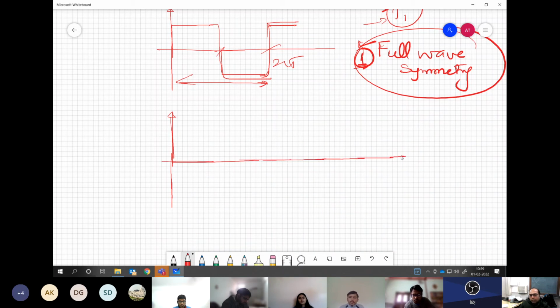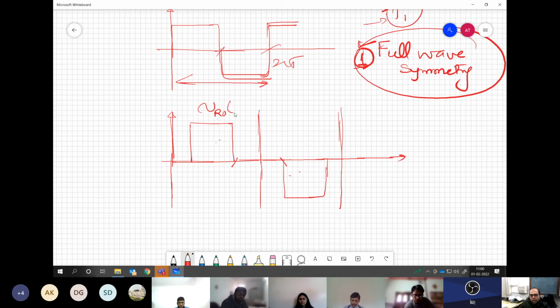Now, the second observation we have seen is that if we have a similar structure but with opposite polarity, let's say I have a waveform something like this here and another cycle is something like this here. If these two structures are exactly symmetric and opposite, so if I write this as VRO theta, then I am having exactly opposite VRO over here, which is at pi plus theta.